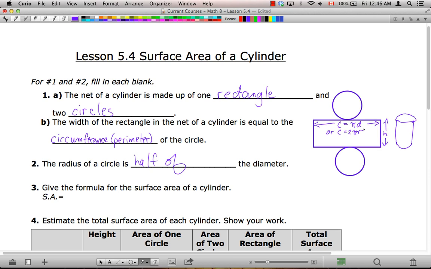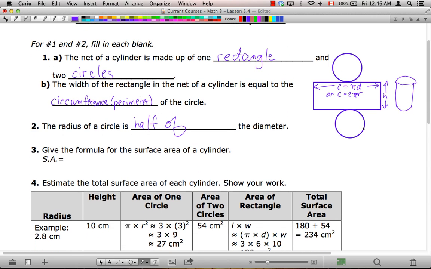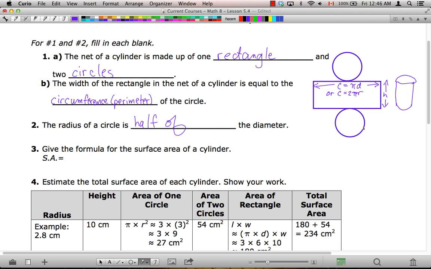So to get the formula for the surface area of a cylinder, here's what you do. We have the rectangle, which is pi times the diameter times the height. Pi times the diameter is the width of this times the height.